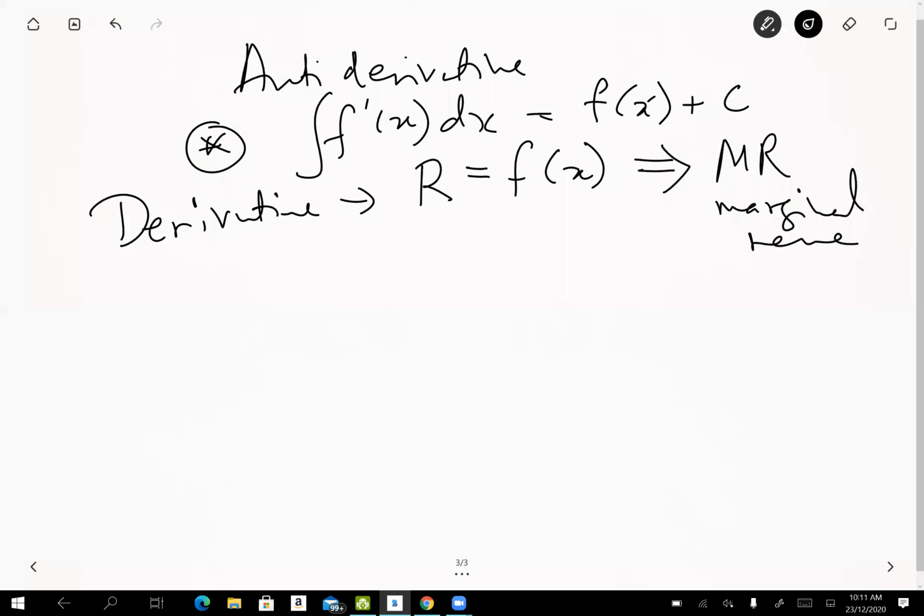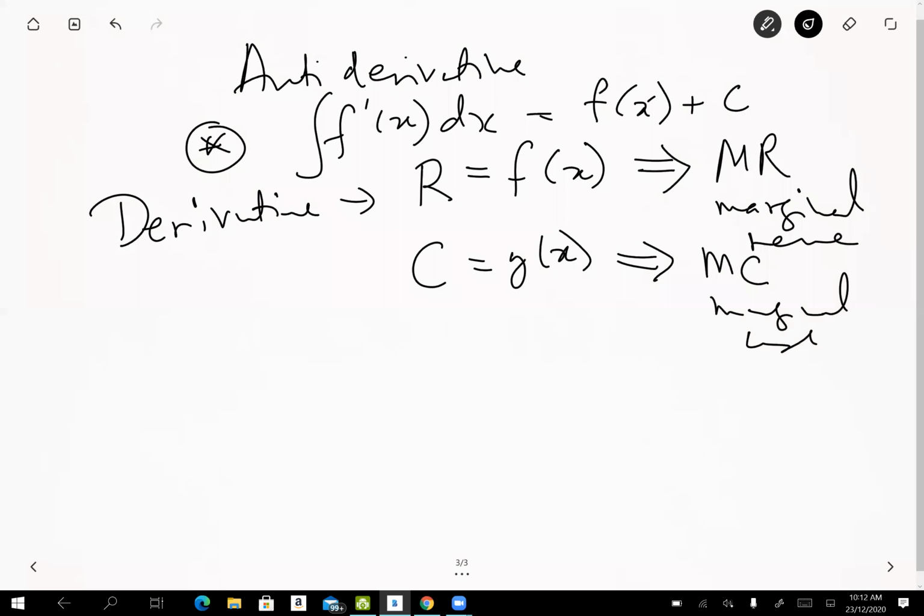And if you have costs, we differentiate costs, we get marginal costs. Of course, the term marginal is the same term that you use. If you differentiate profit, you get marginal profit. If you differentiate consumption, you get marginal consumption. That is the idea.